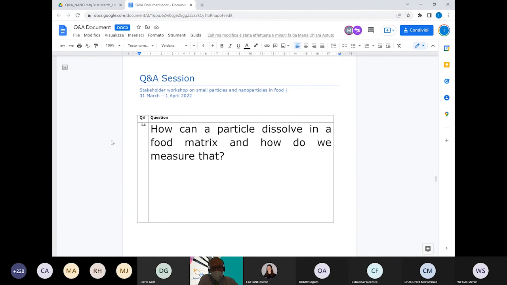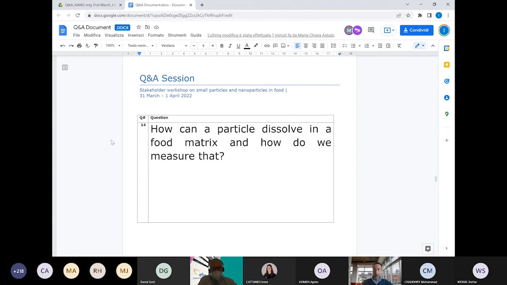How the particle dissolves in the food matrix, and I will pass this to Francesco again. Francesco, please. Thank you very much, Jose. This, of course, depends to a large extent on the type of food matrix. In a liquid food matrix, a particle which is soluble in the specific medium is very likely to dissolve.